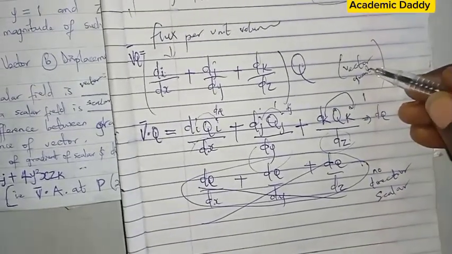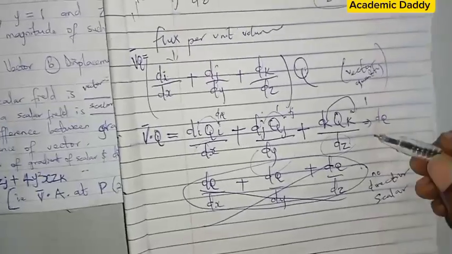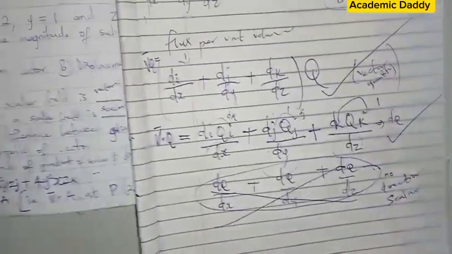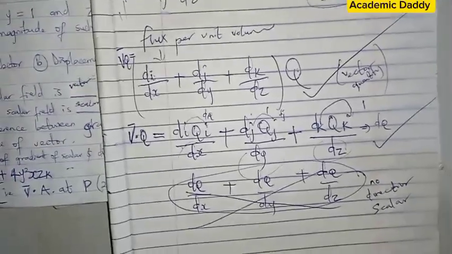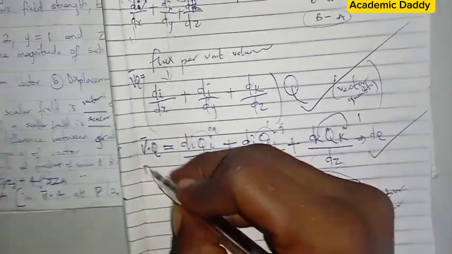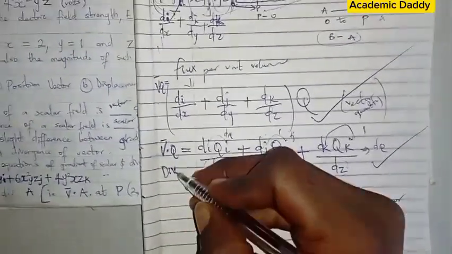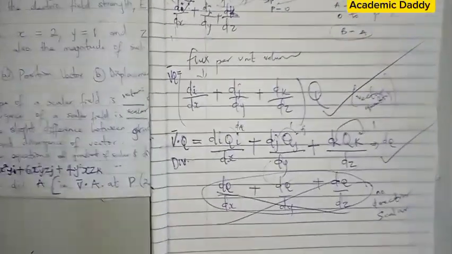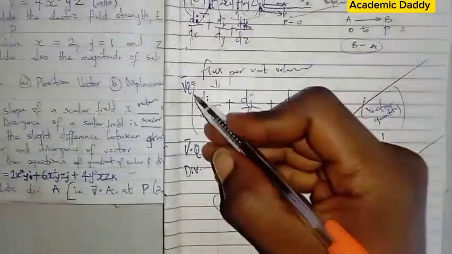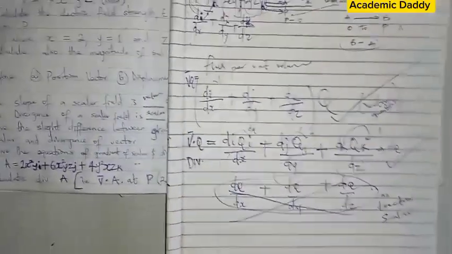So this is the formula. Alright, this one is for divergence. You see it in some textbooks as div A, divergence of A, if what you're given is a vector A. Then this is V dot Q.